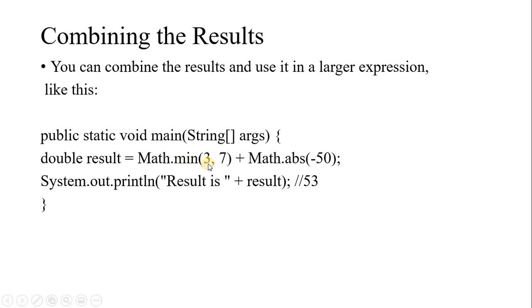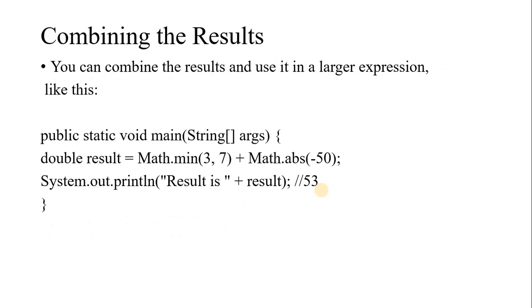What is the minimum of these? 3. Plus the absolute value of minus 50, it will take it to 50. So 50 plus 3 is 53, and you get the answer as a double, 53.0, since it is declared as a double. In this way we can work with the math class.